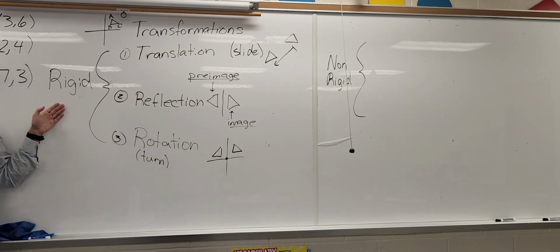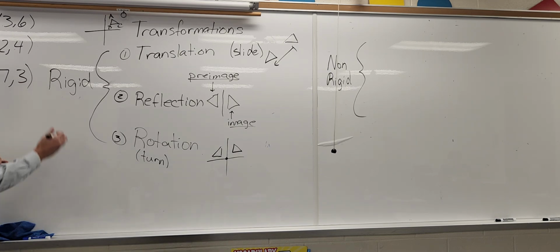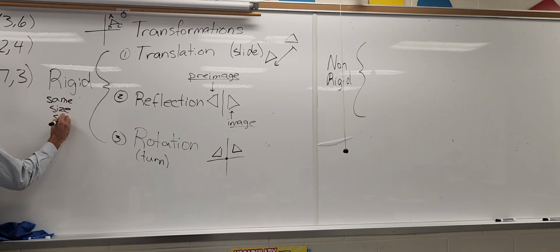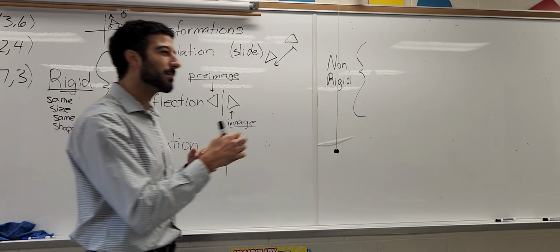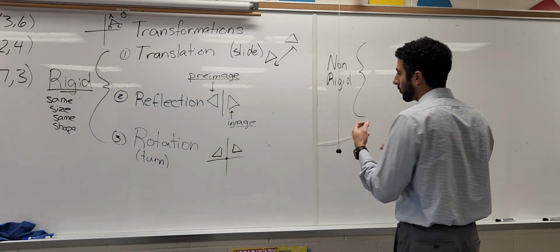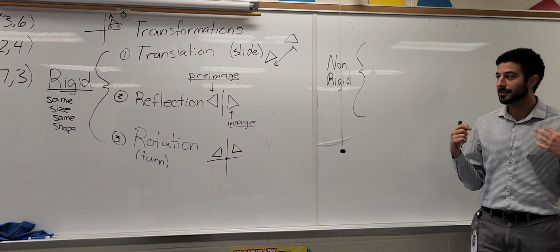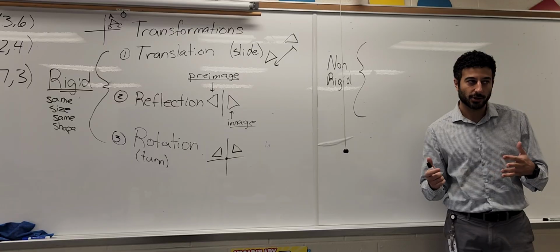Rigid transformations, which I didn't explain before, maintain their size and their shape. The simplest way to define it is just same size, same shape. That's what rigid is defined as. Whereas with non-rigid, you can manipulate a shape and not maintain its size or shape.